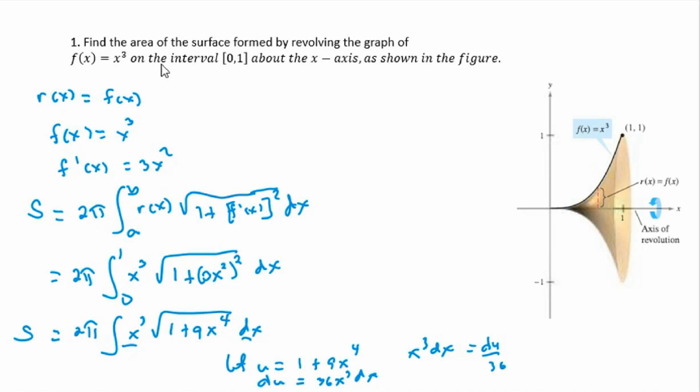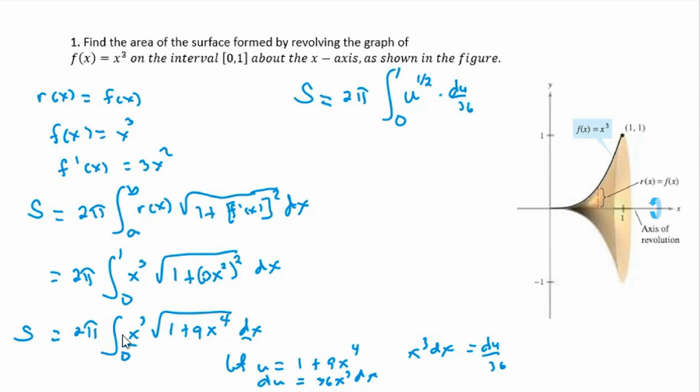Rewriting the given in terms of u and du, S is equal to 2 pi times the integral of the square root of 1 plus 9x to the 4, which can be written as u raised to 1 half, and x cubed dx is defined as du over 36, with the interval from 0 to 1.